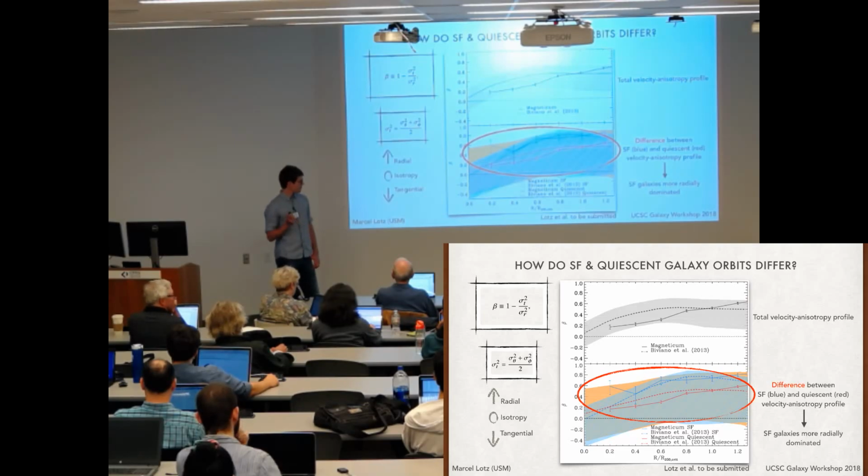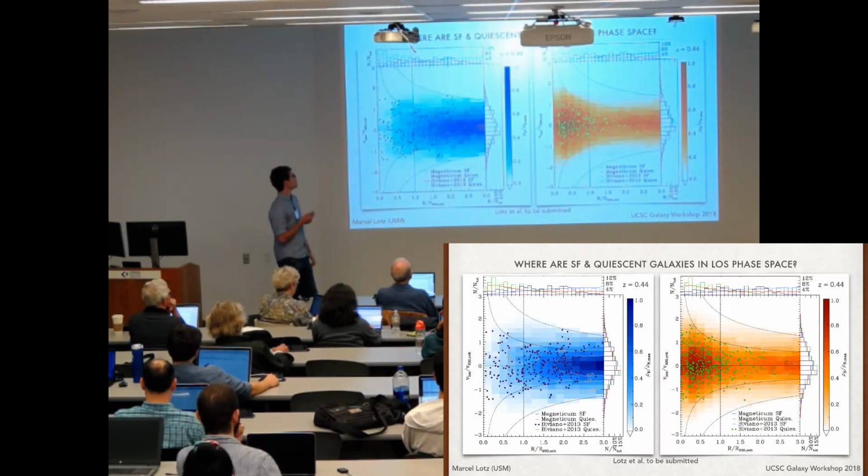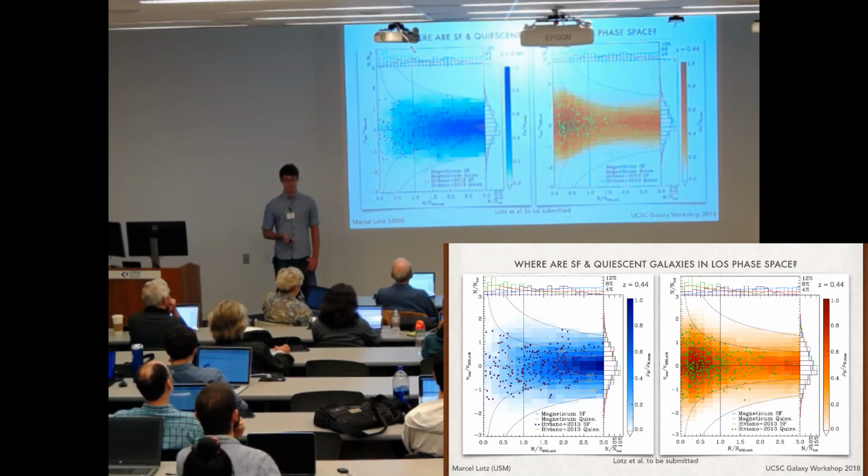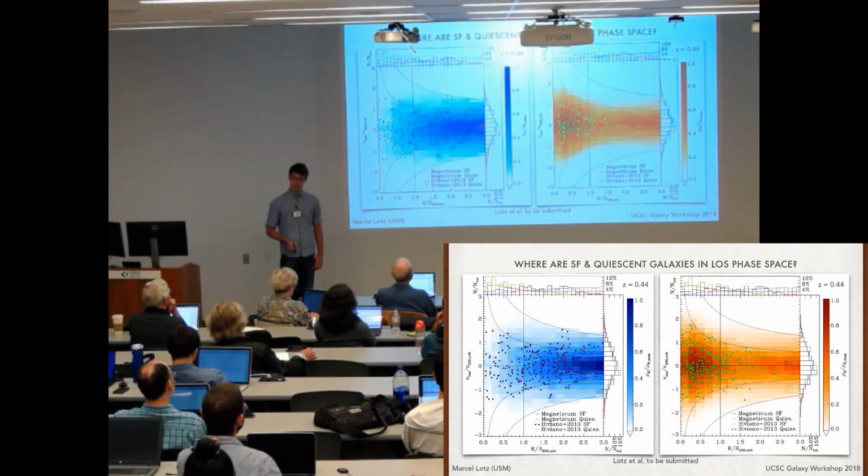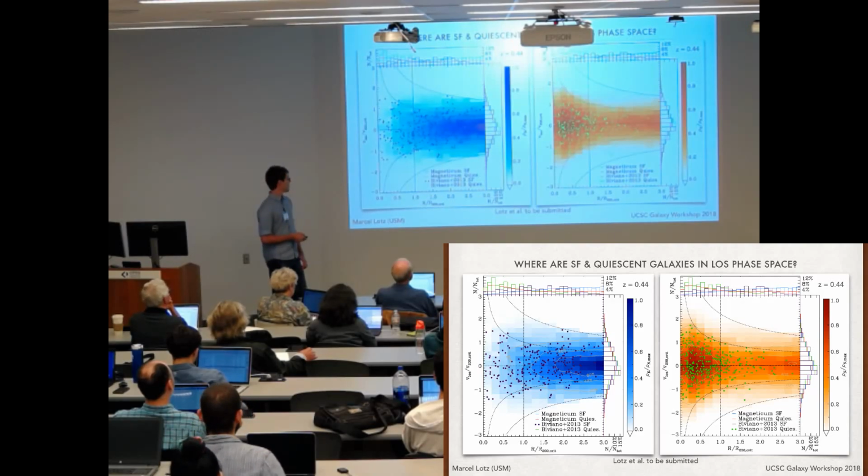So what we did next is look at how they differ in their line-of-sight phase space. So what you see on the left-hand side is the line-of-sight phase space velocity normalized to the clusters that we're looking at. You see the star-forming population on the left and the quiescent population on the right. The dots correspond to observations that we compare with, and the color map corresponds to the phase space density of multiple stacked clusters from the Magneticum simulations.